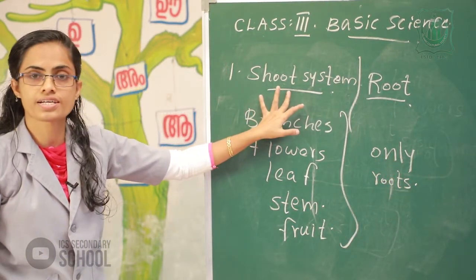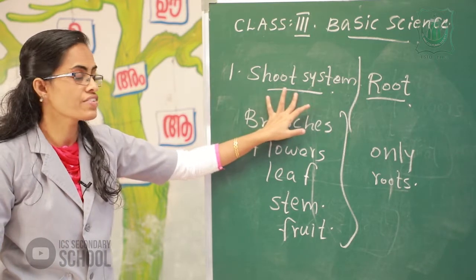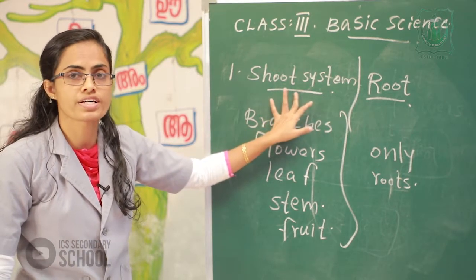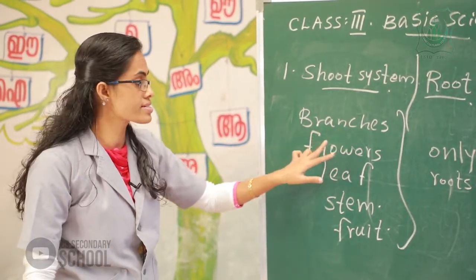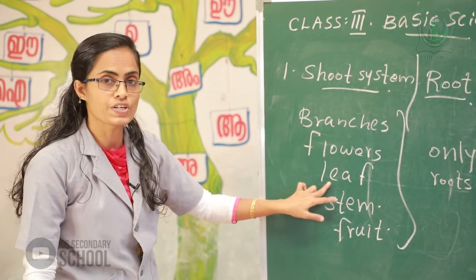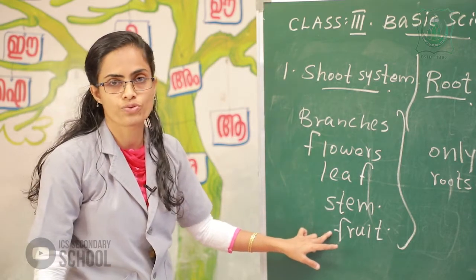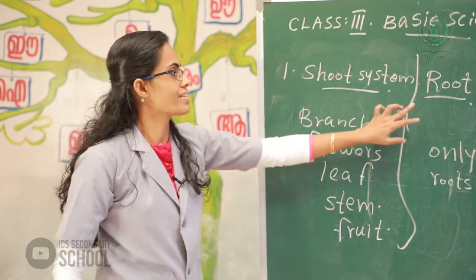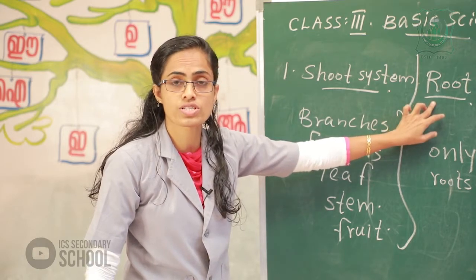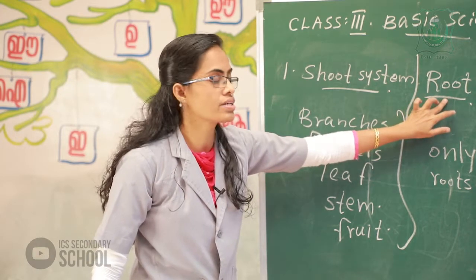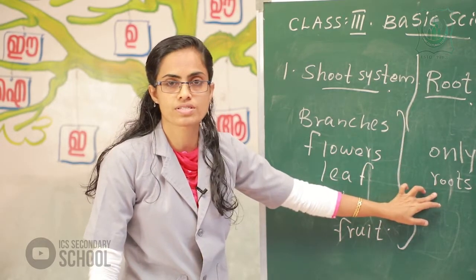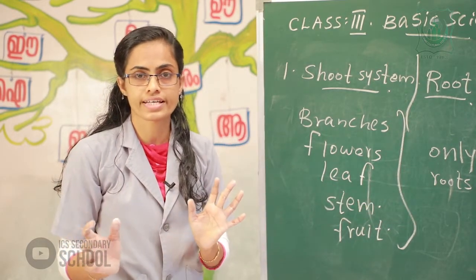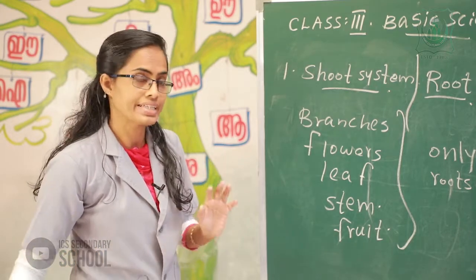The part of the plant which grows above the ground is called shoot system. It consists of branches, flowers, leaf, stem and fruit. Clear? And the part of the plant which grows below the ground is called root system. It consists of only roots. All of you understand what I say? Okay, clear? Yes.